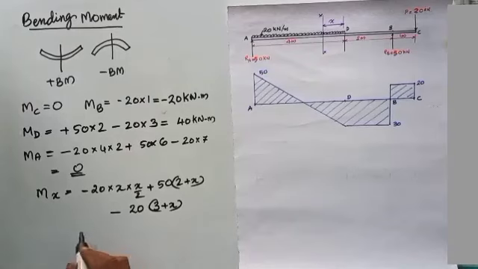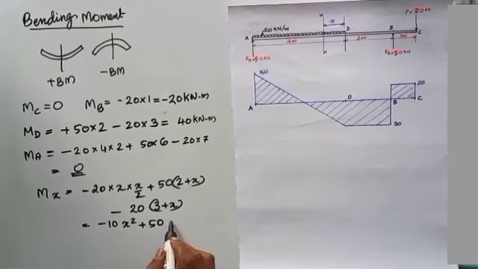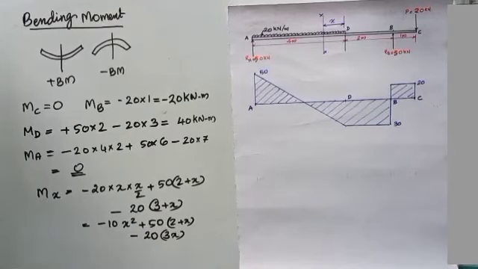This equals minus 10 x square plus 50 into 2 plus x minus 20 into 3 plus x. Using this expression we can find the bending moment at any point in between A and D. Since this is a parabolic equation, we will be getting a parabolic curve between A and D.